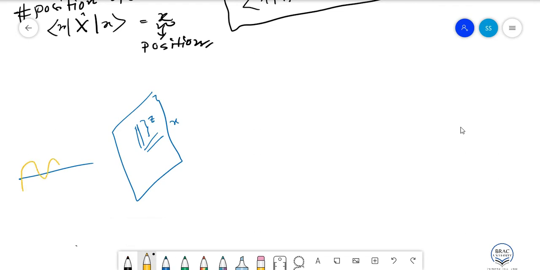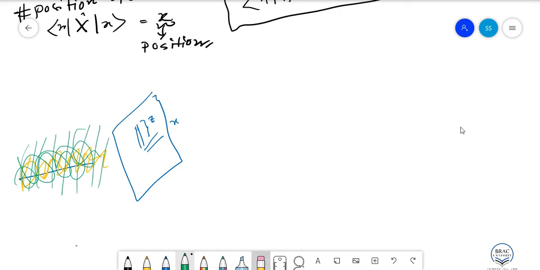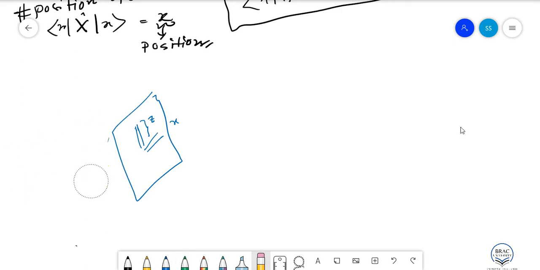And let's say you have light coming like this in all frequencies, in all the ways, randomly oriented. It seems very bad, so let's say light is coming like this.